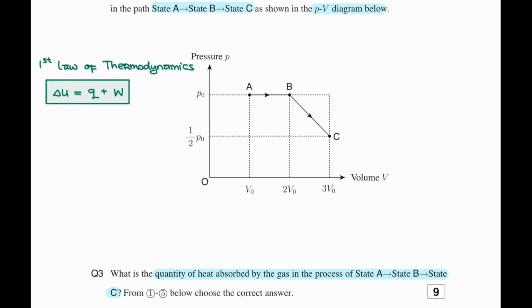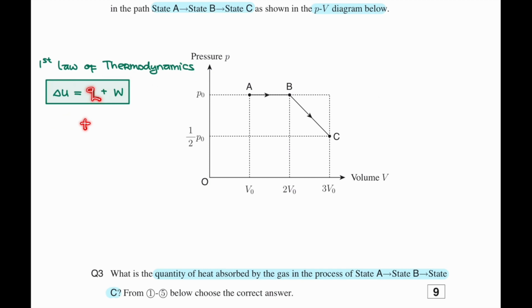When we use the first law of thermodynamics, we have to remember the sign convention. Change in internal energy is positive if the temperature is increased. That means the change in internal energy is negative when the temperature decreases. You have to remember this one. And then if heat is absorbed, that means Q is positive.